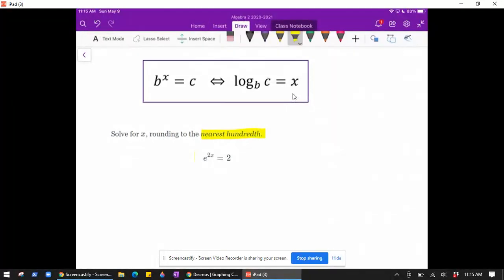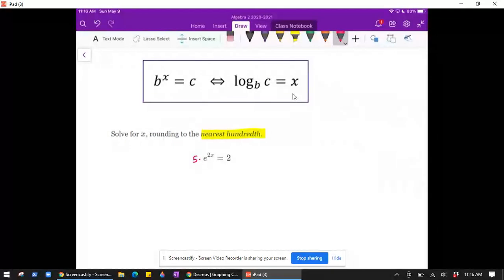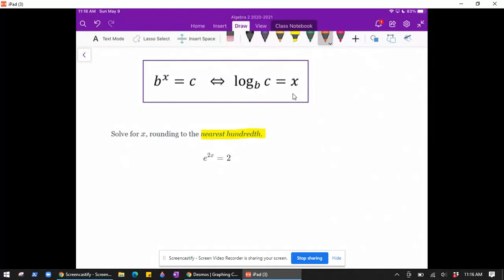If there was like a 5 here, the first thing I need to do is divide both sides by 5, like we did in the last problem. That's not the case. So I can immediately express this relationship in log form, because I have my base isolated. The e is the b in this case.